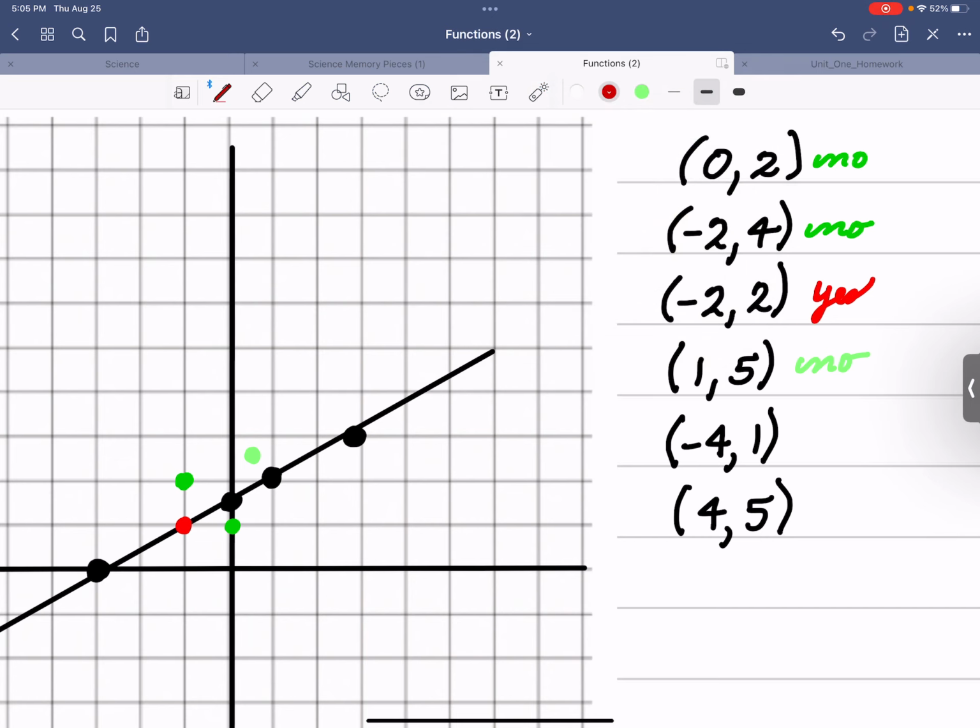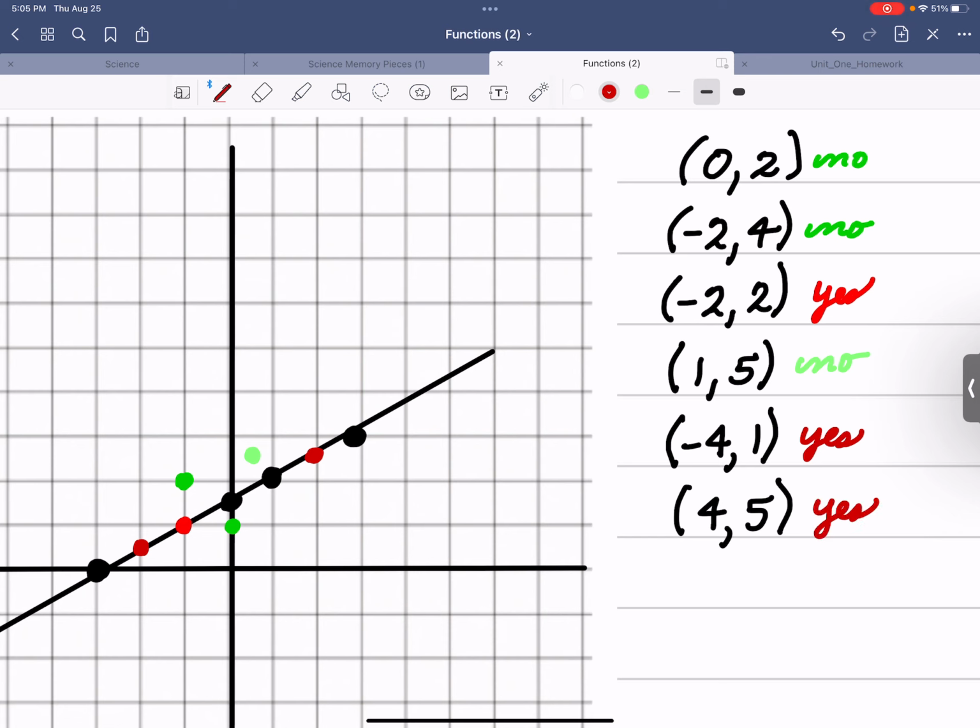So let me get a red pen, not an eraser. There we go. That's a yes. Over 4, up 5. Yes, that one is right there on the line. So that is a yes.